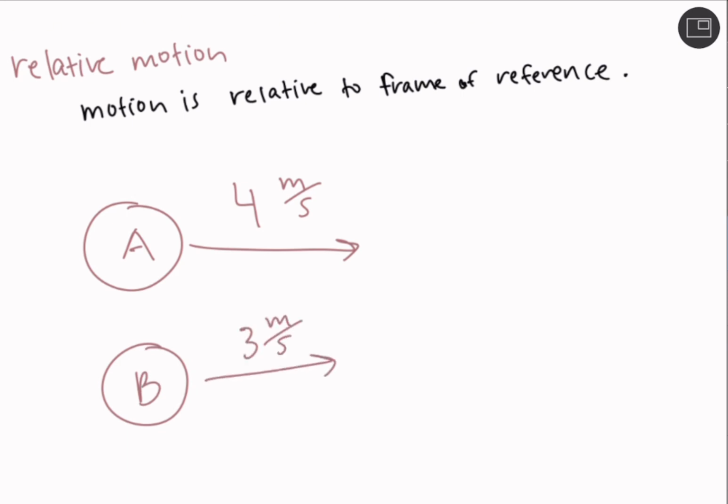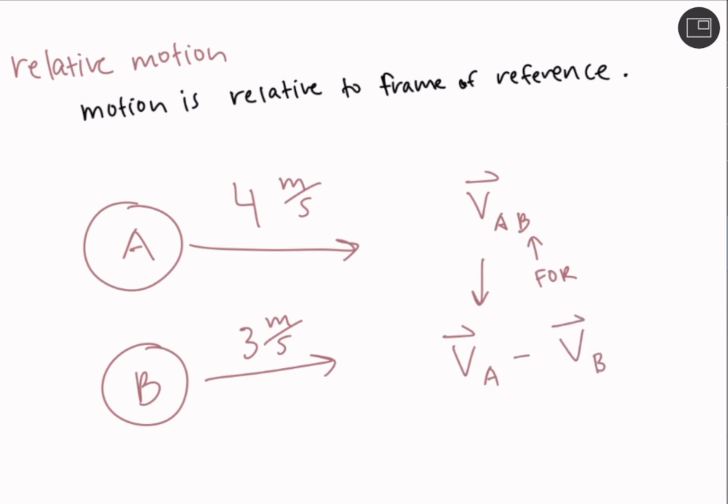Now, let's say that we want to measure the velocity of ball A relative to ball B. And so this is the format that we would write it in. In the subscript, the frame of reference goes second, while the object you are measuring goes first. So this format can also be written as velocity A minus velocity B.